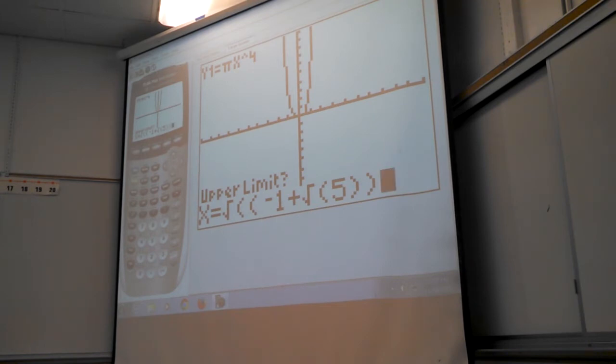Let me make sure I got enough parentheses in there. I need a parenthesis for everything to be in the square root, and a parenthesis for the top. So I'm still inside the square root. Good, I got one extra one in this direction. So I'm still in the square root, divided by 2, right?